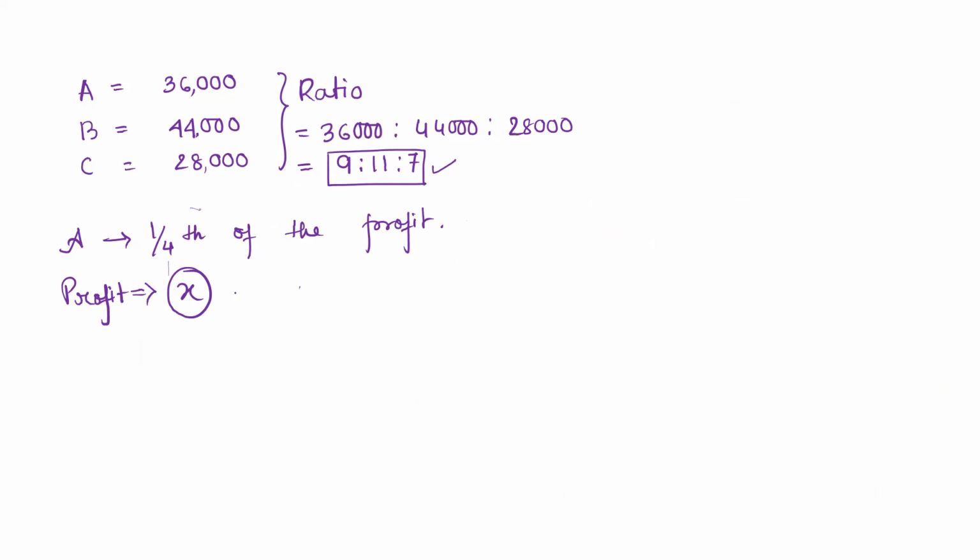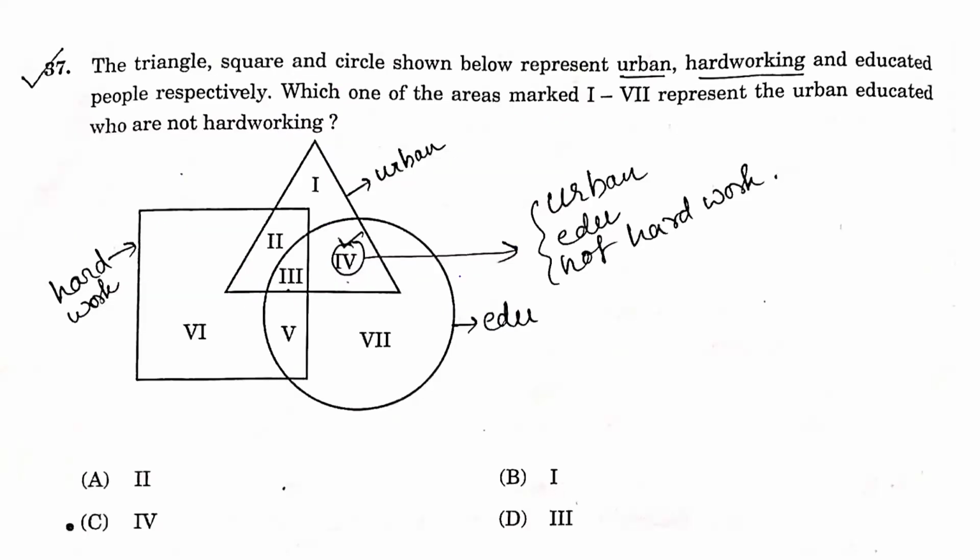Fine. So Aman is getting 1/4 of X, which means X by 4. Clear? Aman is getting this. Remaining is how much?